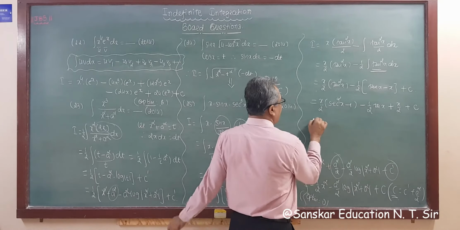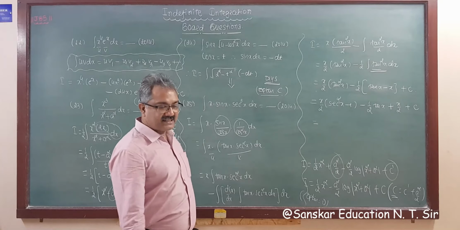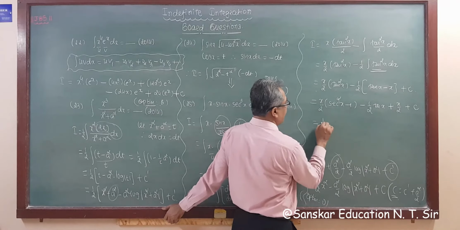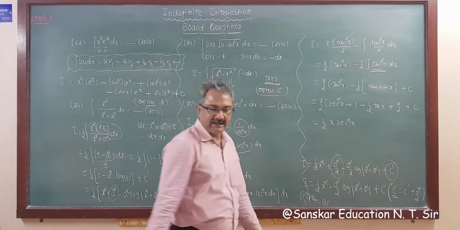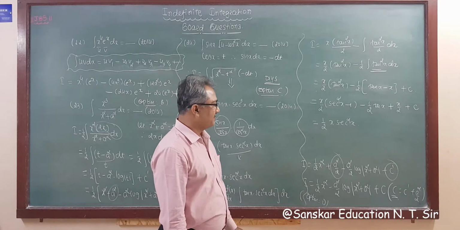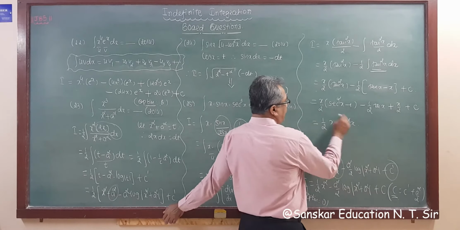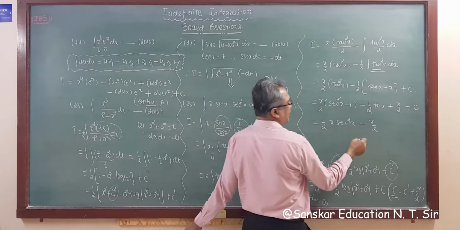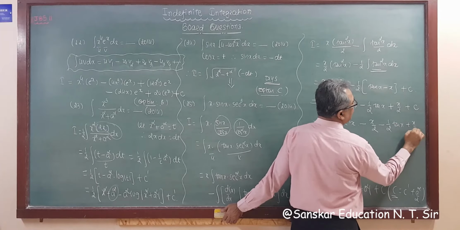This answer will be as per your options of question number 25. x by 2 sec squared x minus x by 2, minus 1 upon 2 tan x plus x by 2 plus c.